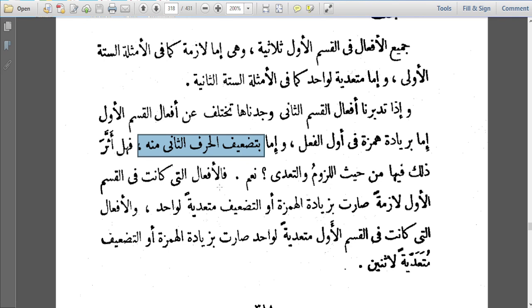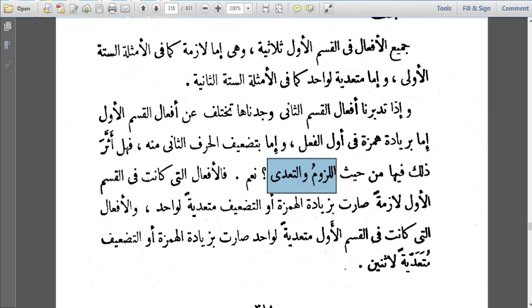Doubling here does not mean to write it twice, but giving the middle letter shadda. فهل أثر ذلك فيها من حيث اللزوم والتعدي؟ By adding hamza in front of the verb or doubling the middle letter by adding shadda, has that affected the verb in terms of it being intransitive or transitive? Has anything changed? Na'am. Yes, of course. We've all seen what's changed there.